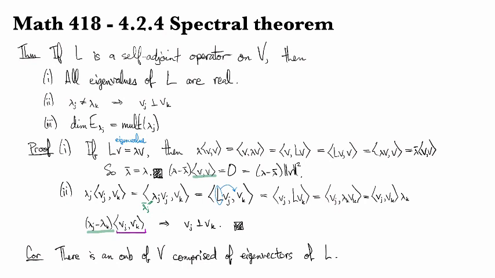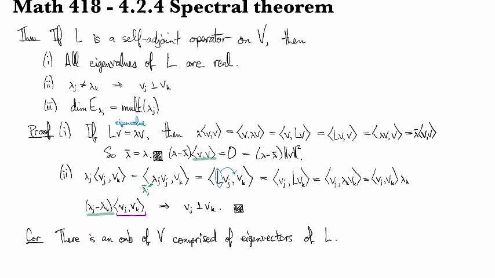You can choose them to be orthogonal by subtracting off a projection or something like that. And then you can also normalize them by dividing by their magnitude. So you can choose your eigenvectors to form an orthonormal basis.